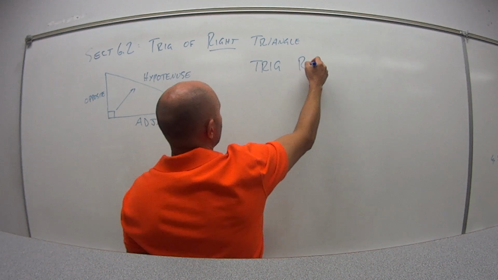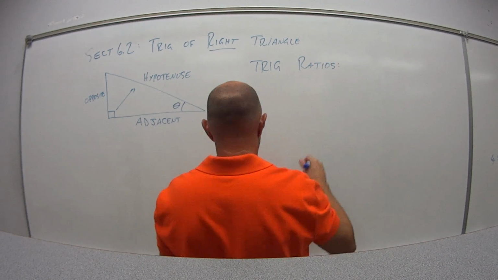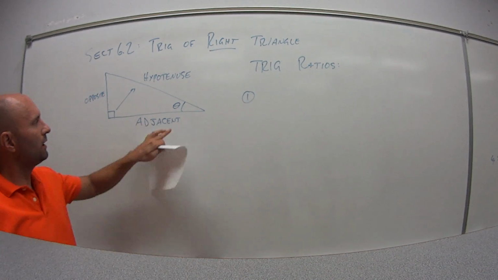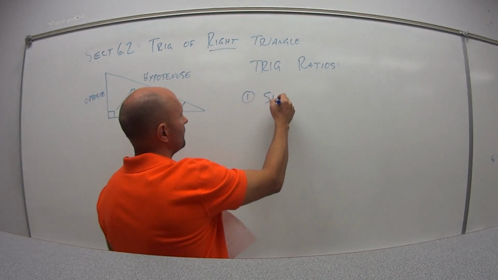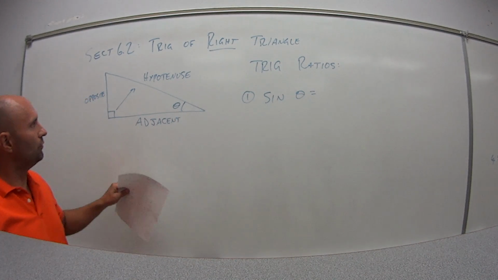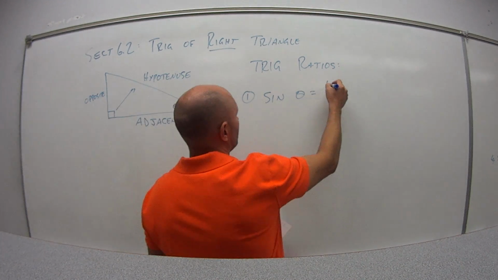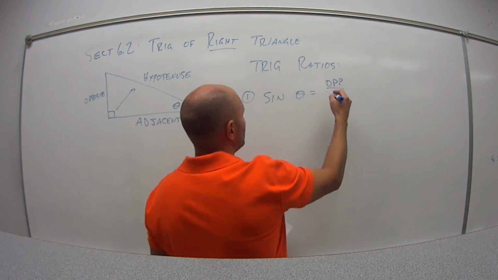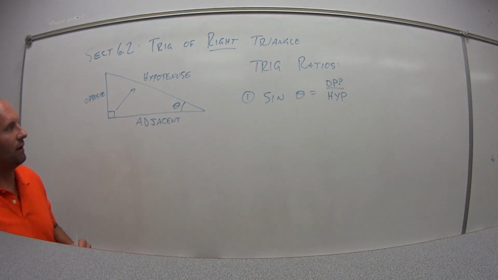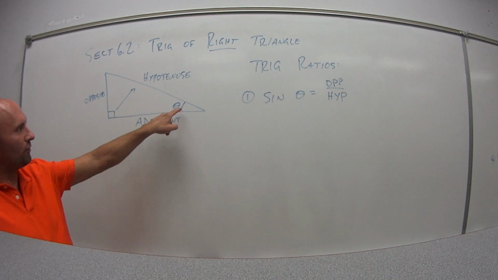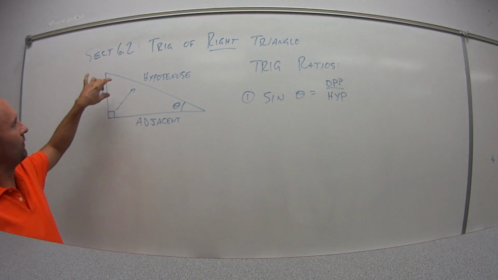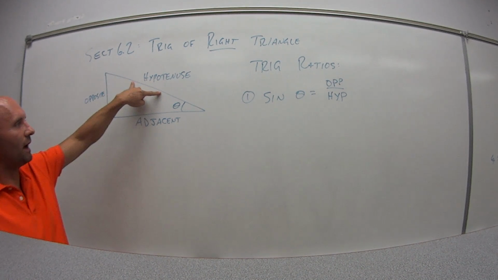So from this, we get the trig ratios. The first one, if we want to know the sine of theta, this is equal to the opposite, I'm just going to abbreviate it, OPP, over the hypotenuse. So it's the length of the opposite side over the length of the hypotenuse.